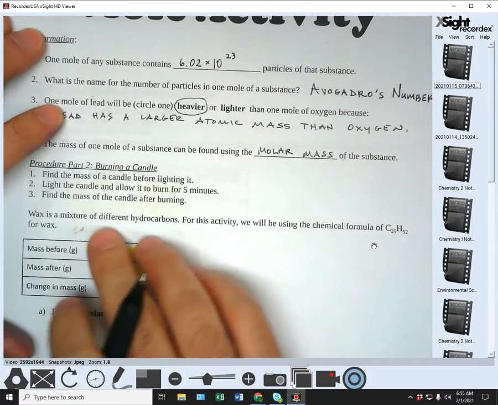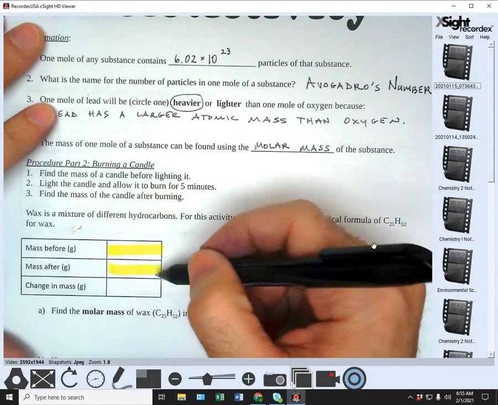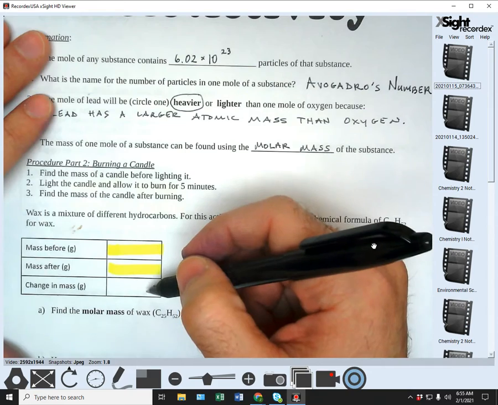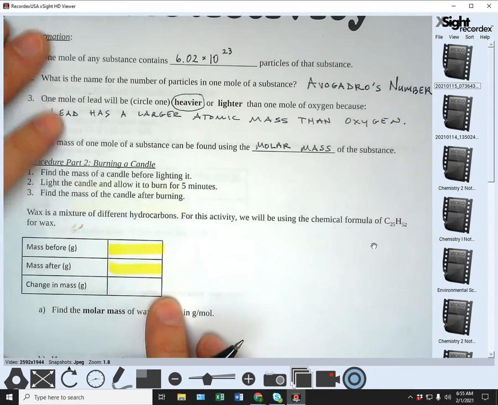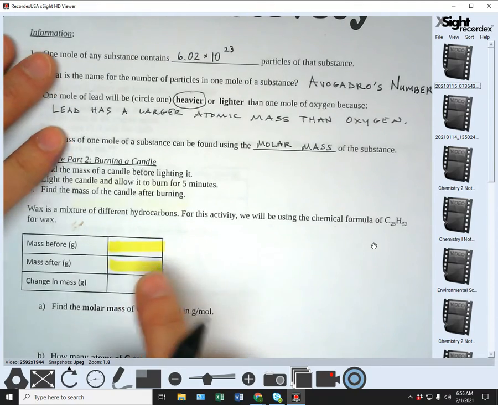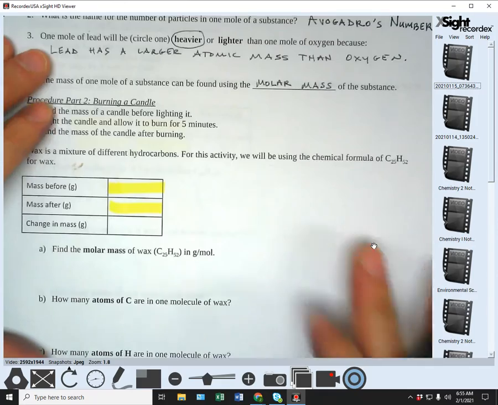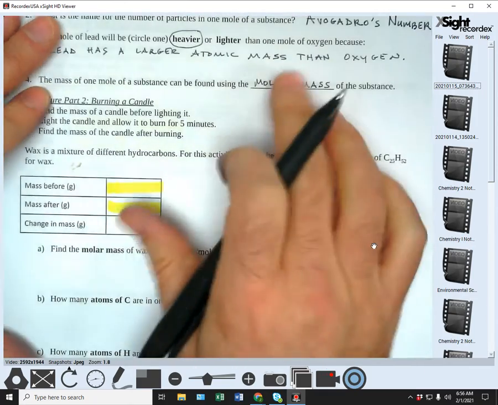So you should have numbers in here, the before, the after. You take the after, subtract the before, and you would have, now here, the change in mass, you could have a negative number because the change went down.